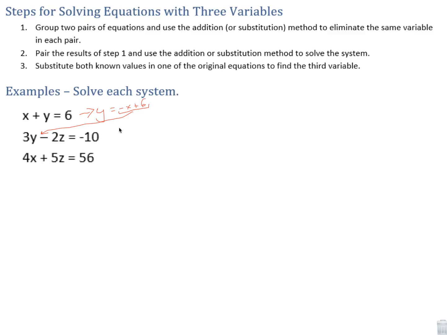So let's see what that looks like. So we have 3. Let's come down here. 3 times y. Well, we just solved for y, so we know y is negative x plus 6. Minus 2z equals negative 10. Distribute.